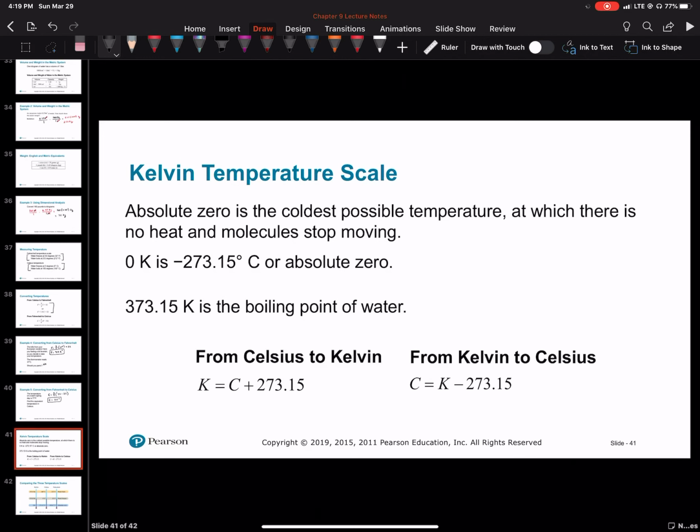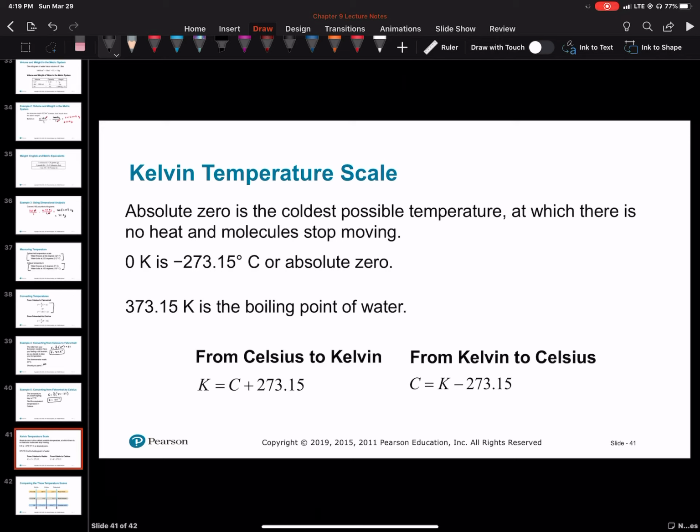Kelvin temperature scale. Absolute zero is the coldest possible temperature at which there is no heat and molecules stop moving. So 0 degrees Kelvin is negative 273.15 degrees Celsius, or it's called absolute zero. So water boils at 373.15 degrees Kelvin.